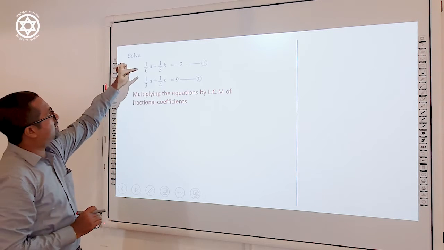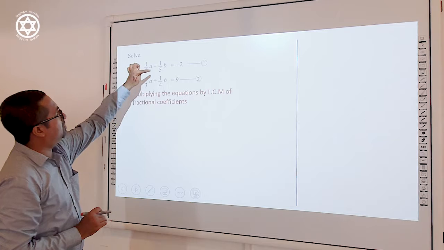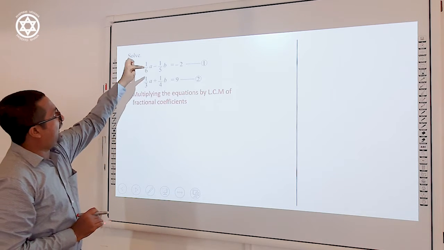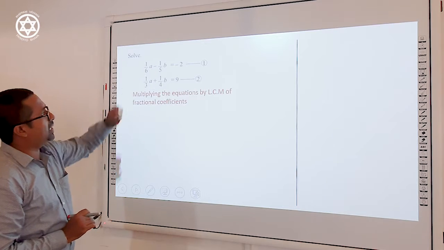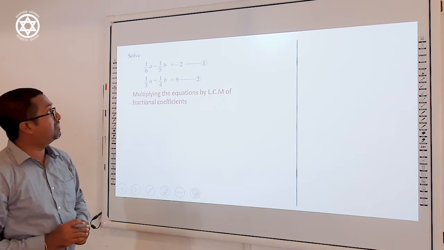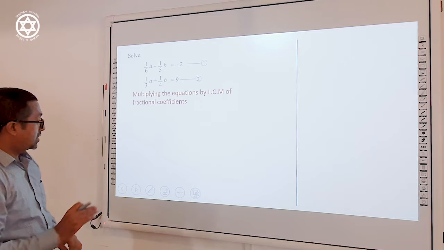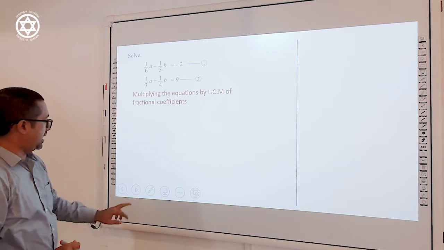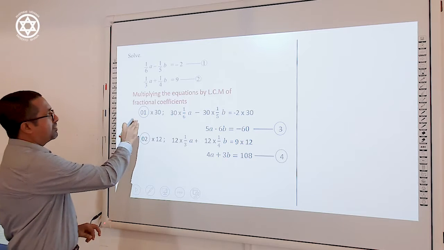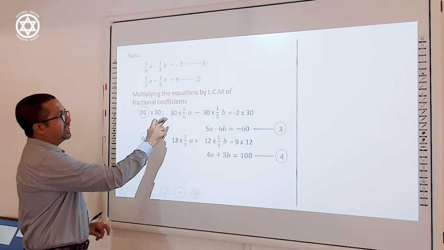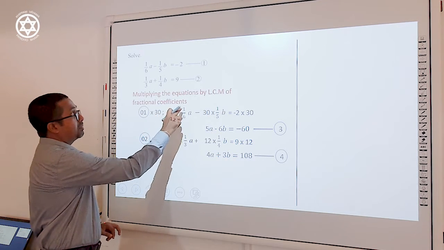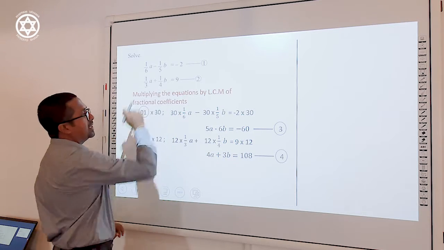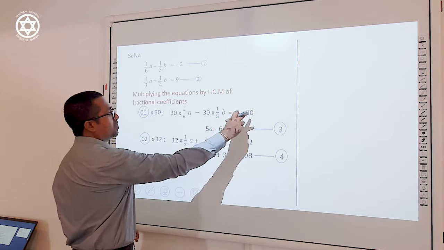Here 6 and 5 are the denominators of the fractions in the first equation. The LCM of 6 and 5 is 30. So you can multiply each term of this equation by the LCM value. You can see here, the first equation multiplied by 30, then what happened here? 30 multiplied by 1/6, and minus 30 multiplied by 1/5 is the second term, and minus 2 times 30.